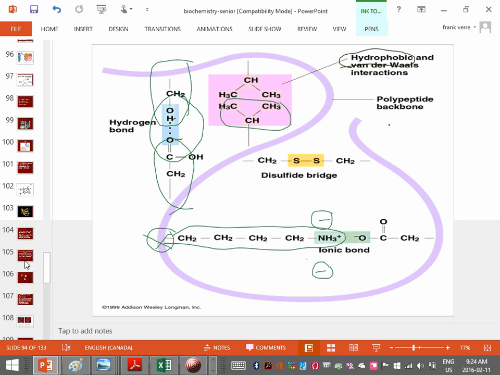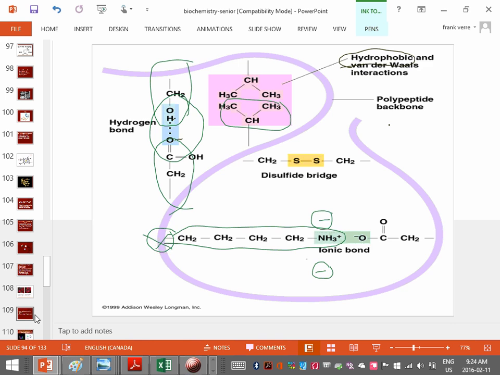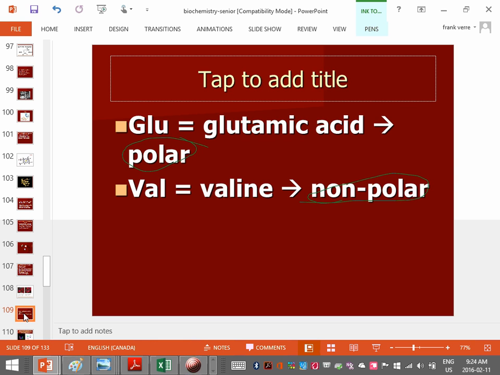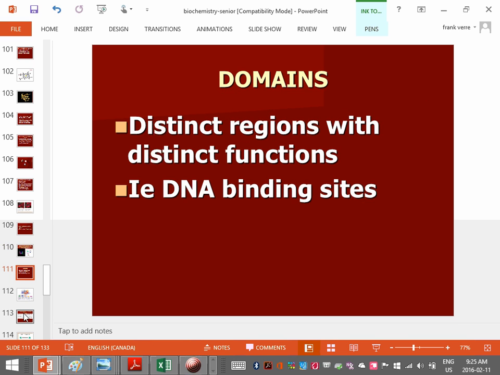So, sometimes a mutation, if it affects the bond, could have an impact. Sometimes the mutation will give you the same type of amino acid and have no impact at all. We'll explore that in more detail. Okay, there's a whole section on mutations in this course.